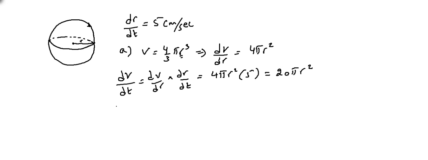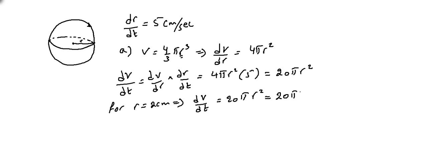We need to find this when the radius is 2 centimeters first. For r equal to 2 centimeters, dV/dt is 20 pi r squared, which is 20 pi times 2 squared, 4 times 20, it's 80 pi centimeters cubed per second.